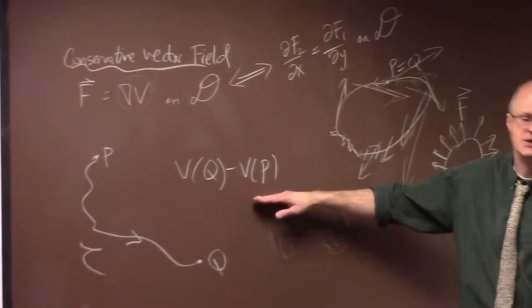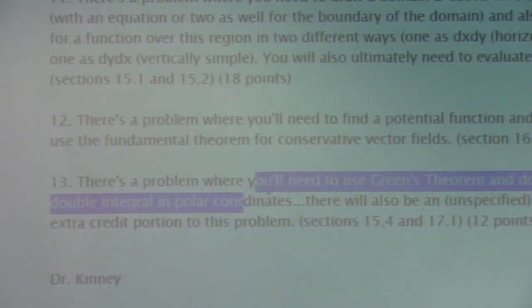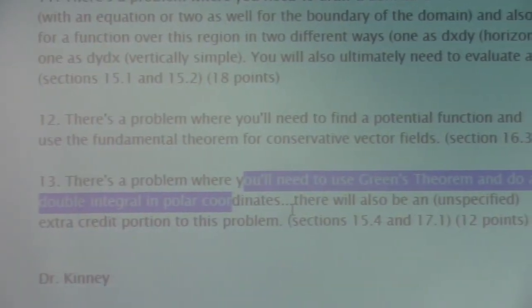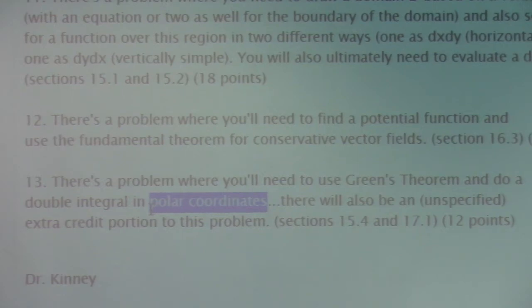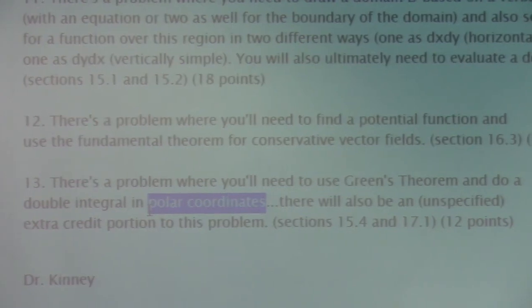So it's pretty easy actually. And then one problem where you use Green's theorem to calculate a circulation as a double integral, and you'll want to use polar coordinates to do that integral. And there's also going to be an unspecified extra credit part of that problem. And I will leave that just to, I won't tell you what it is. Hopefully if you study enough, you'll get it.